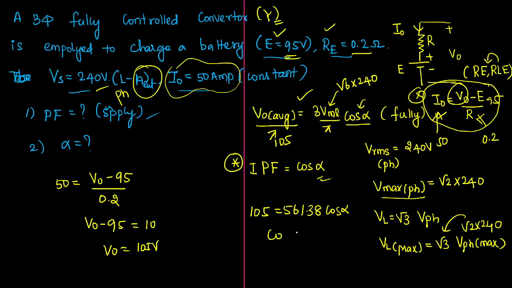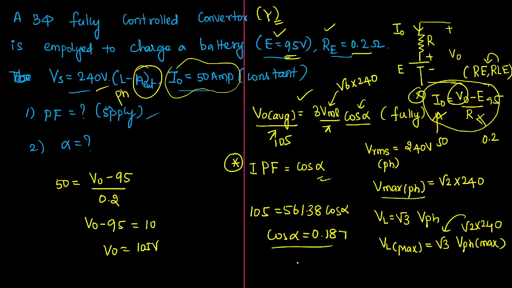So the value of cos alpha will be equal to, we should take the reciprocal of this and multiply it by 105. One minute, guys. So we have to take 105 divided by 561.38, and we get 0.187. This is the value that we got for cos alpha.